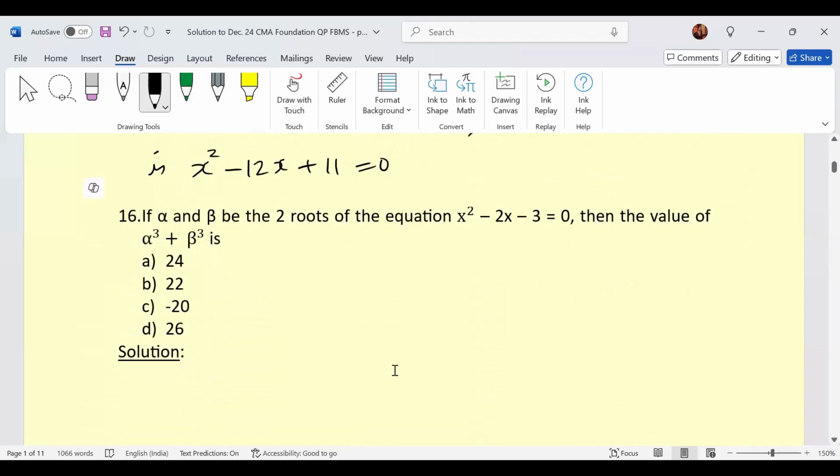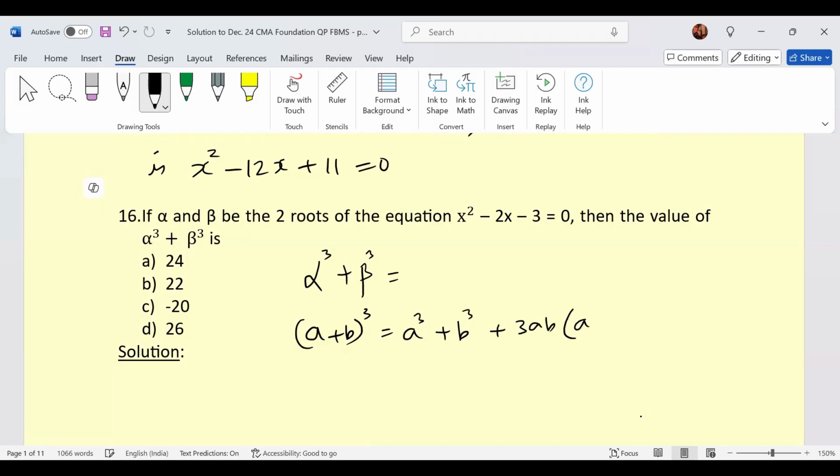If alpha and beta be the two roots of the equation x square minus 2x minus 3 equal to 0, then the value of alpha cube plus beta cube is what? We need to find alpha cube plus beta cube. We know a plus b, the whole cube, is a cube plus b cube plus 3ab into a plus b.